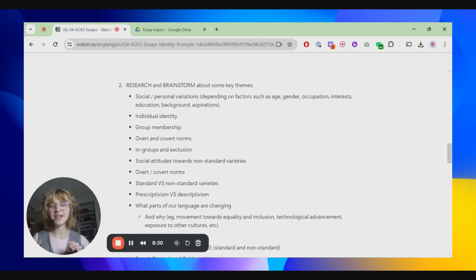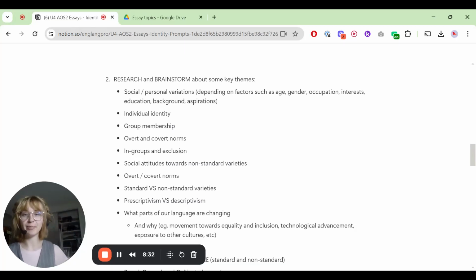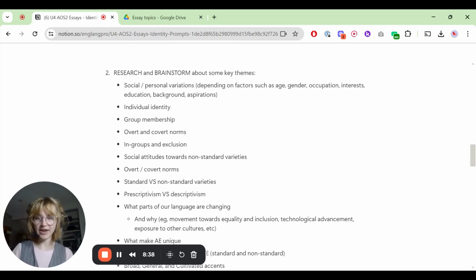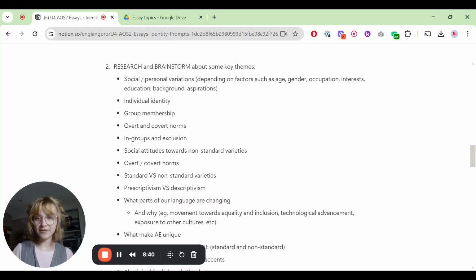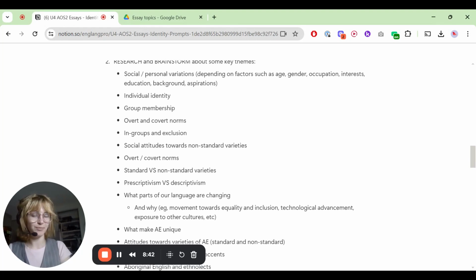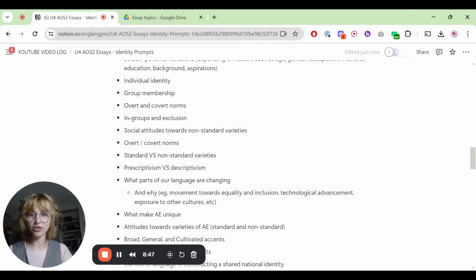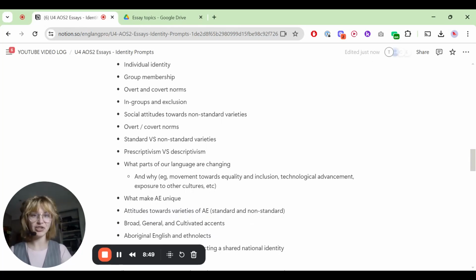So this is almost, kind of what we talked about before, but you should be researching and brainstorming some of these key themes. So social personal variations we've talked about, individual identity, which is part of what we've talked about up there as well, overt covert norms, in-group and exclusion, societal attitudes, so prescriptivism, descriptivism, even any sort of signs of racism in language.